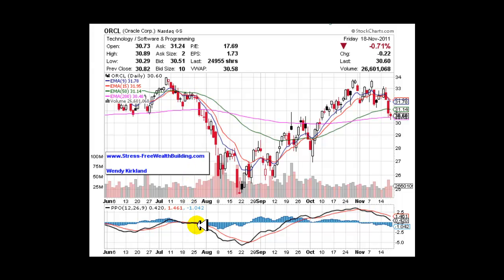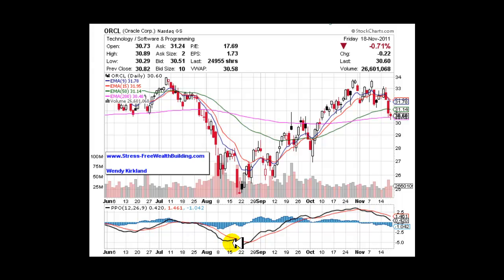And when we finally had a distinctive cross down with some space between the PPO line and the signal line, the price of the stock started to really go down. And it went down from the $33 area down to 25. That is a big drop.